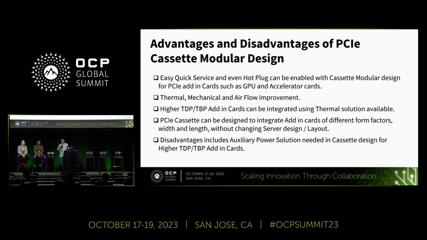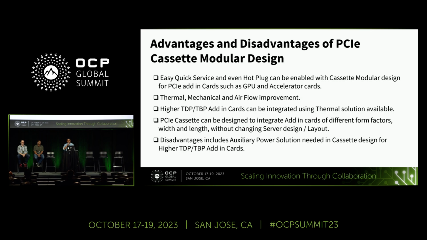There are talks that are already there with the blind mate connectors that we have seen. So for the future design, we want to incorporate these types of available resources from our contributors to facilitate this solution where we can enable these PCI cassettes moving forward.